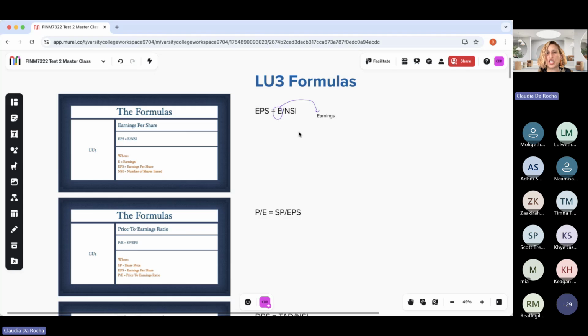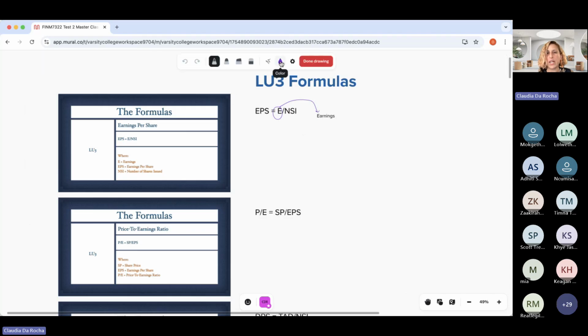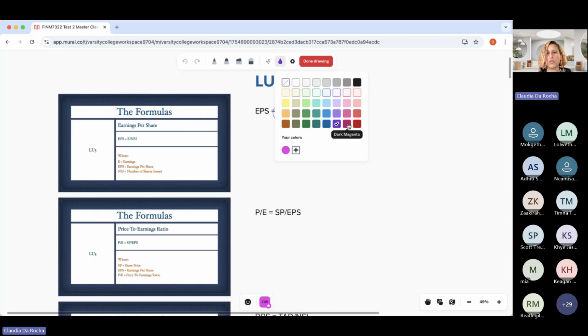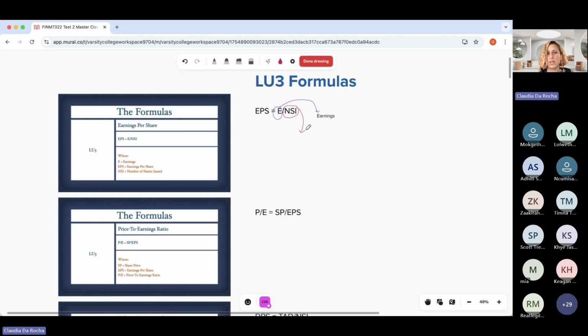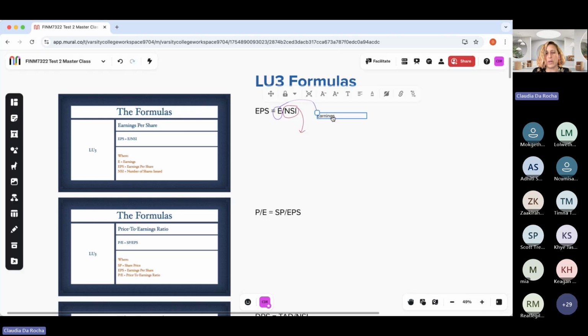Your number of shares issued has to be ordinary shares. So please don't get tricked into finding that they are preference shares and that you try to include them. It's only for ordinary shares, so please make a note of that. It's only ordinary shares.